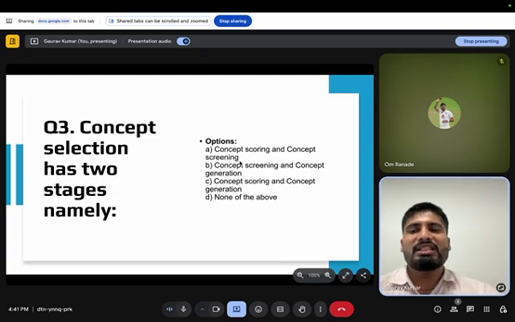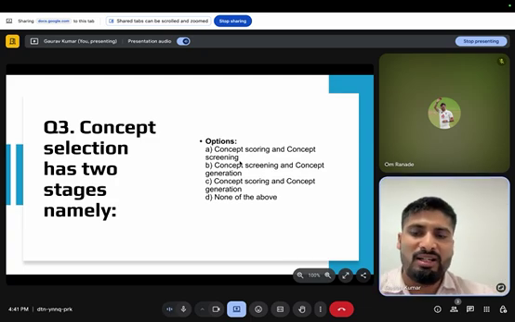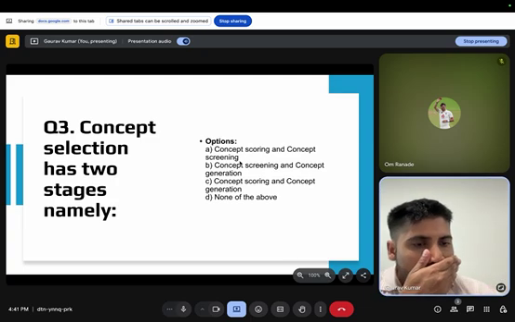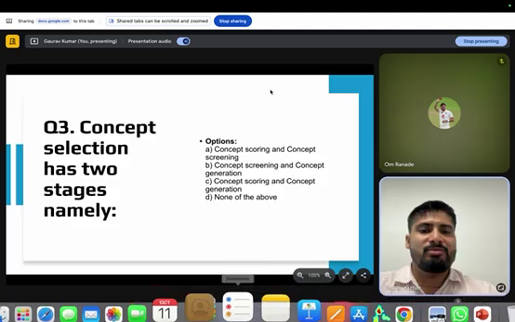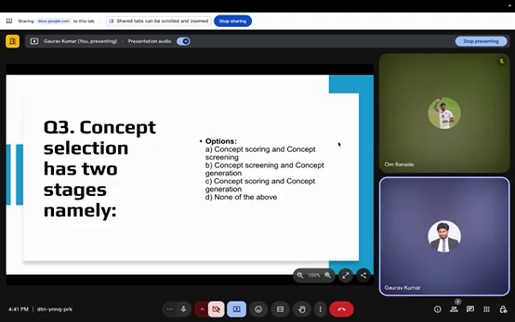Basically, concept selection is formally divided into two structured stages: concept screening and concept scoring.